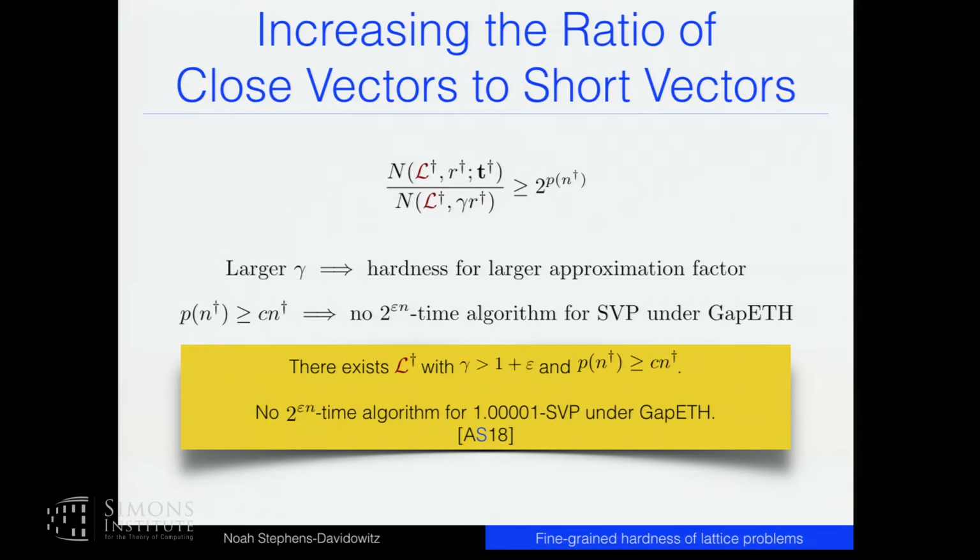They have a gamma factor that's larger than some constant, and they have exponentially many more close vectors than short vectors. We showed this recently, joint work with Devesh. In particular, this implies that there's no 2 to the epsilon n time algorithm for 1.0001 SVP under gap ETH.